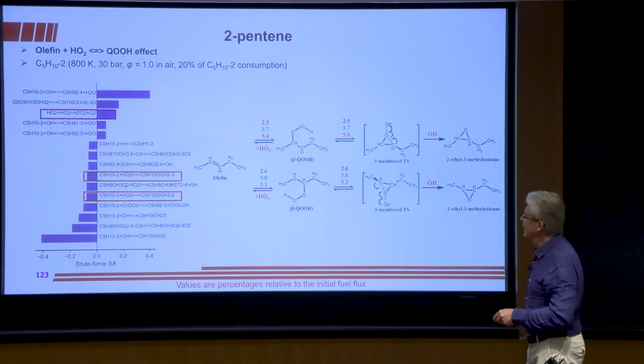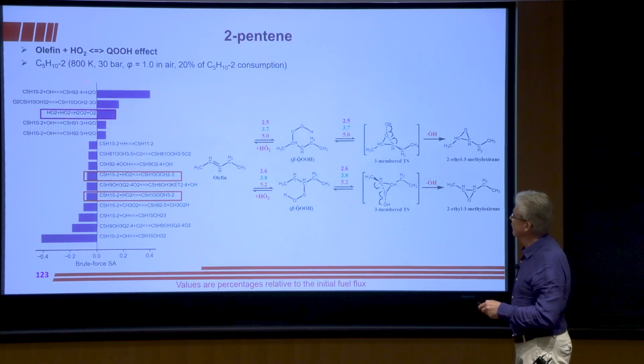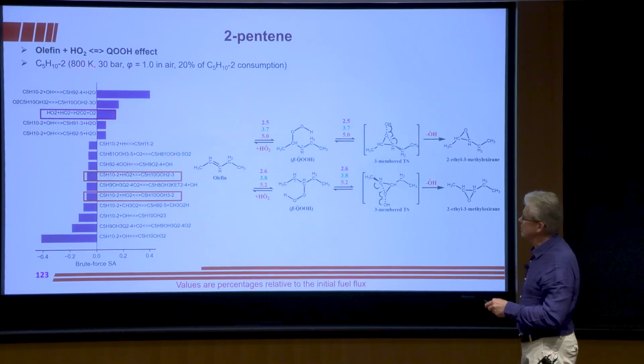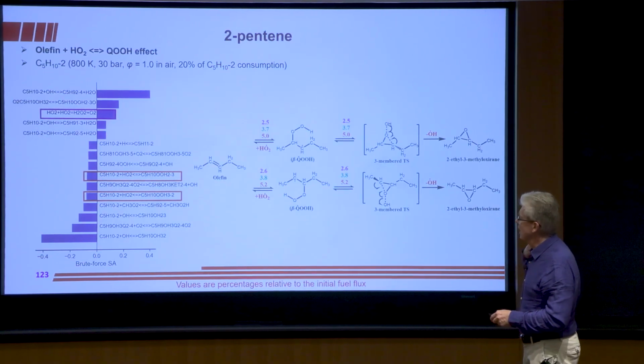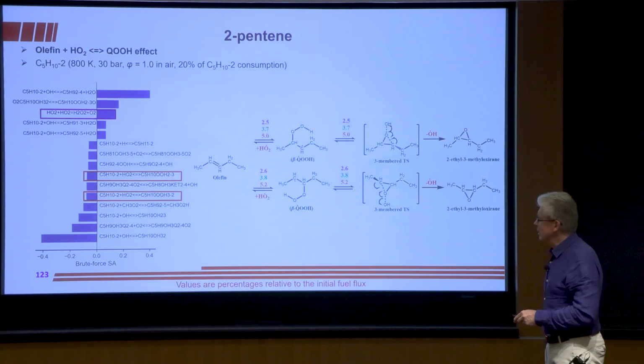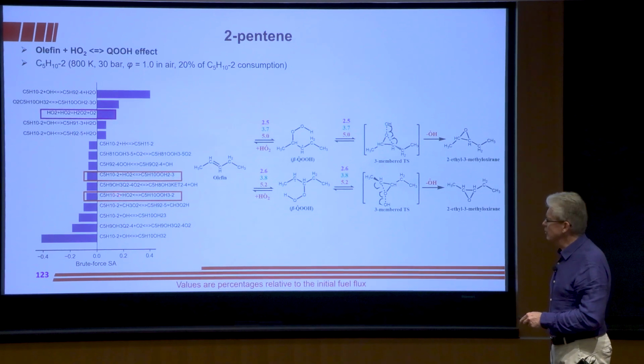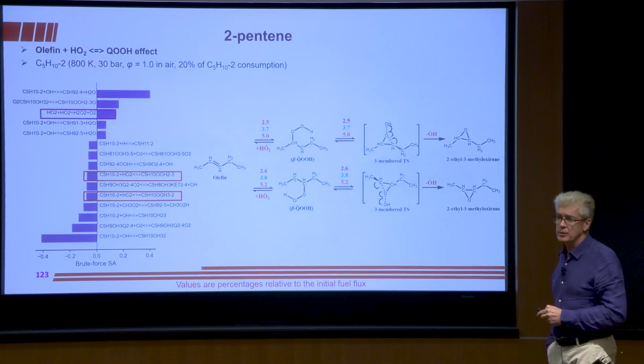And you can see here in this sensitivity analysis for 2-pentene, performed at 800 Kelvin and 30 bar, where 20% of the 2-pentene is consumed, that 2-pentene is reacting with HO2 to give this hydroperoxy alkyl radical, the OH on carbon 3 and the radical site at carbon 2.